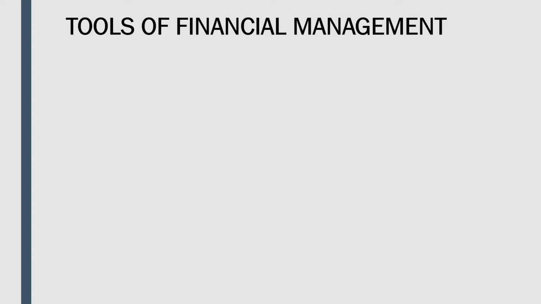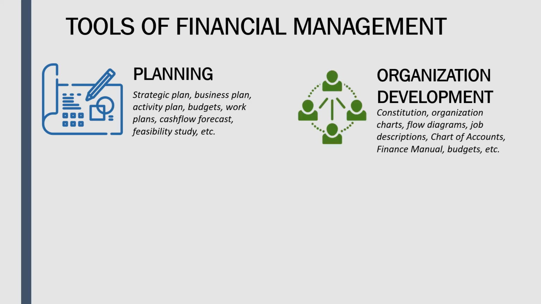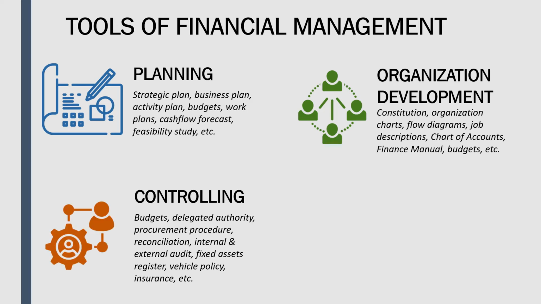There are several tools for this. For planning, the strategic plan, the business plan, activity plan, the budget, work plans, cash flow forecast, feasibility study, etc. For organization development, the constitution, the organizational chart, flow diagrams, job descriptions, chart of accounts, financial management manual, also the budget.